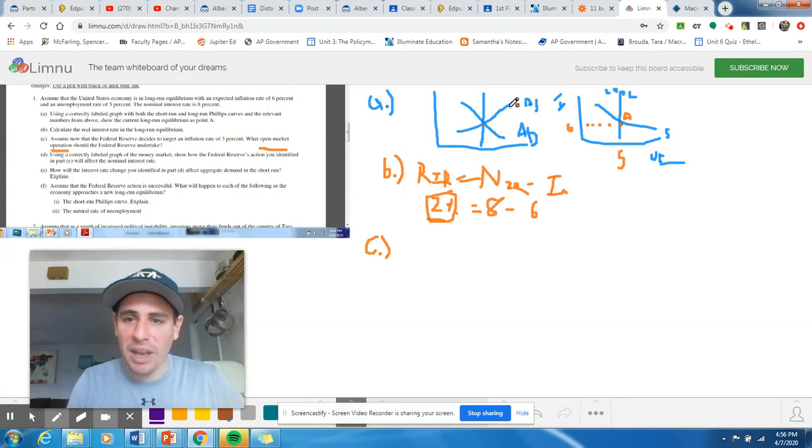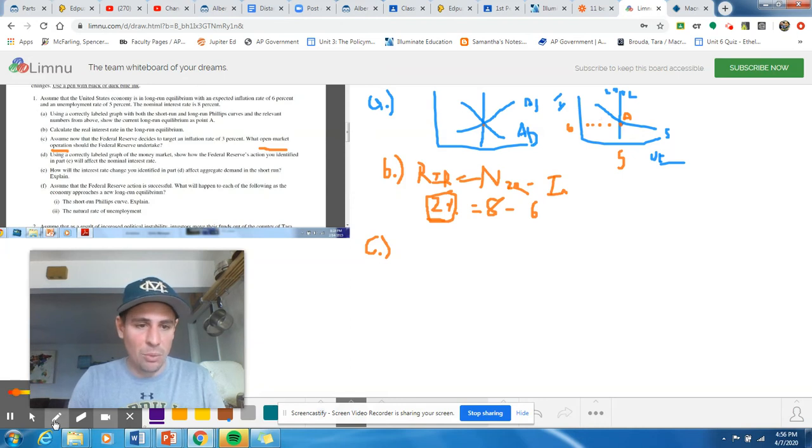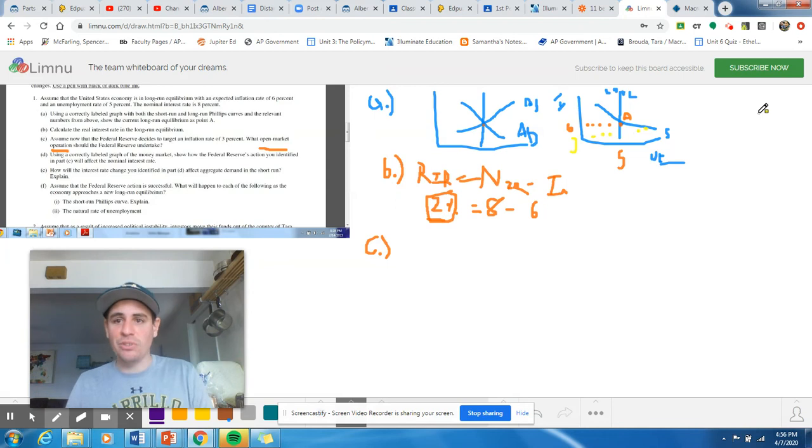Well, what is my inflation rate? Well, it's currently at 6%. If I want inflation to be lower, right, well, I'm going to end up somewhere over here, where the inflation rate is lower. So let's say I want to end up here. Well, where inflation rate is 3% here, because obviously that's 3%. How do I get 3%? How do I get A to end up at B?